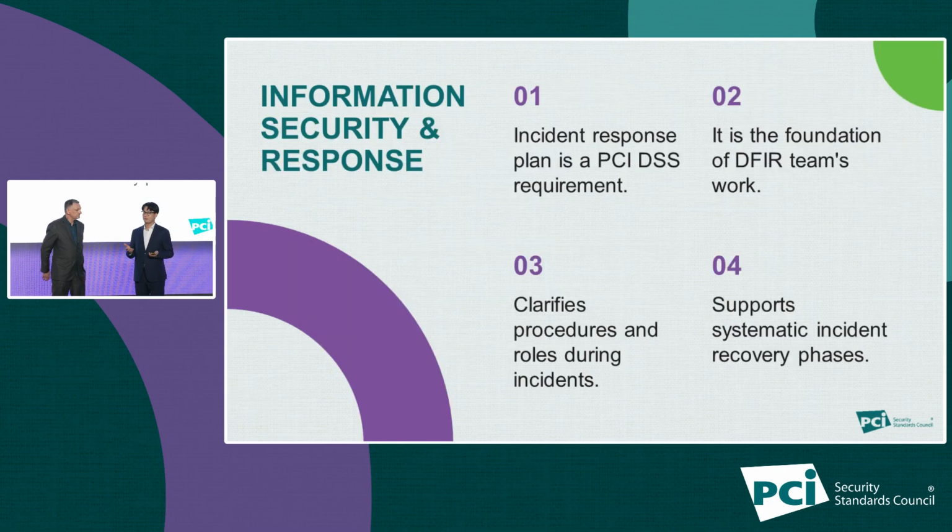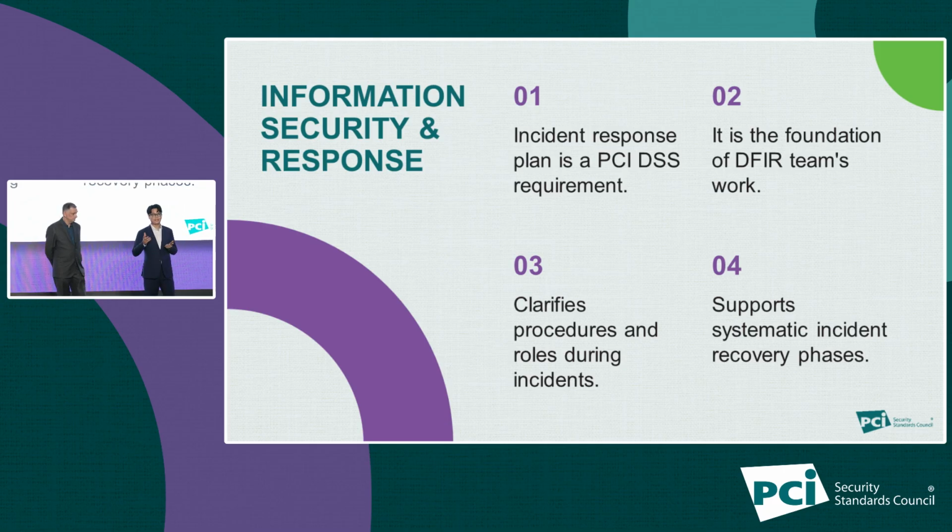So now we're looking at PCI DSS requirement 12, which is about maintaining an information security policy and incident response. This requirement is most directly related to DFIR, and PCI DSS mandates the establishment of an incident response plan and regular testing of the plan.